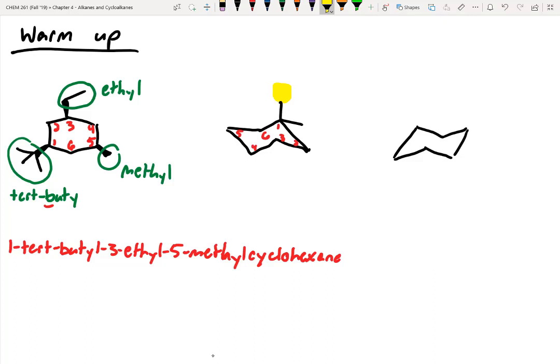Remember, carbon 1 is right here. I just arbitrarily picked any portion of the chair, and you're welcome to do the same. Off of carbon 1, what will be closer to our eye? The tert-butyl group, absolutely. So tert-butyl group will be here. What does that mean goes here? An assumed hydrogen.